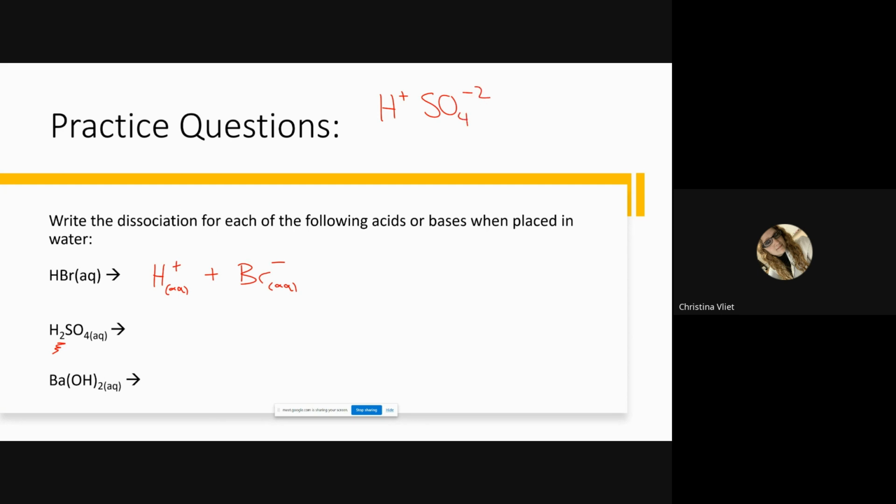So this should be H plus and SO4 minus 2, where polyatomic ions always stay together. They never get broken apart. So you may want to write that note. If it's a polyatomic ion, which I do have the list up here, it stays together. But if you see a lot of oxygens, that's a clue it's a polyatomic ion.